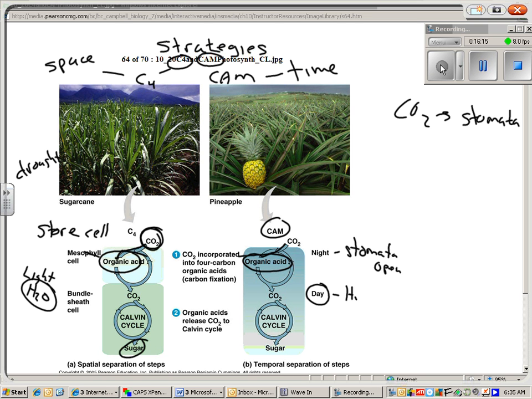Then during the day, when there's light, they take that stored carbon, convert it back to carbon dioxide, run it through the Kelvin cycle, and produce sugar. Again, this is an evolutionary strategy. We'll be talking about this second semester again, but I want to introduce it to you now. So, there's the process of photosynthesis in a nutshell.